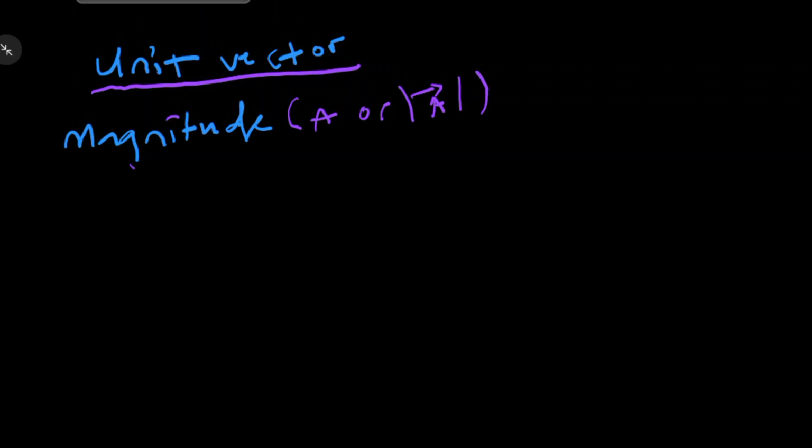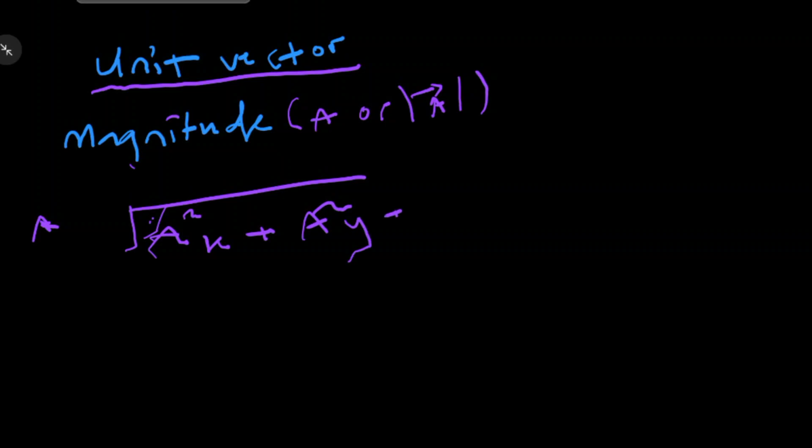Let me show what I'm talking about. Our magnitude A is the square root of A squared x plus A squared y plus A squared z. So this is the formula to find the magnitude.